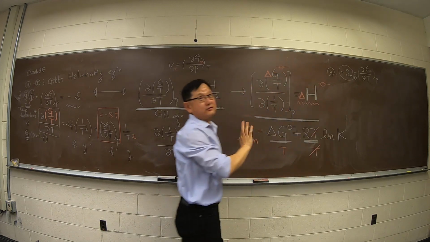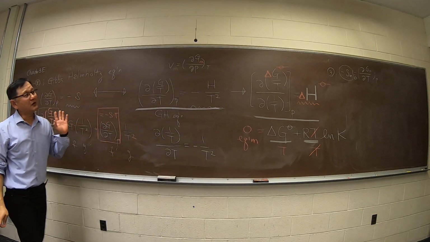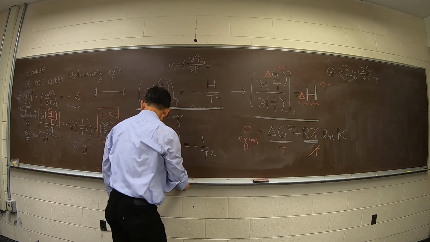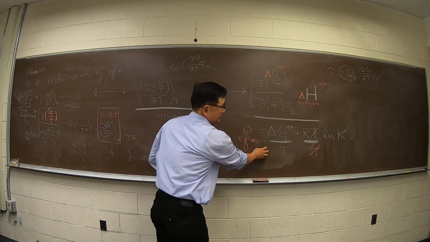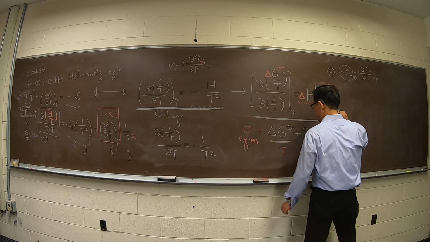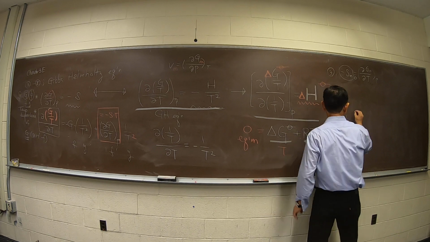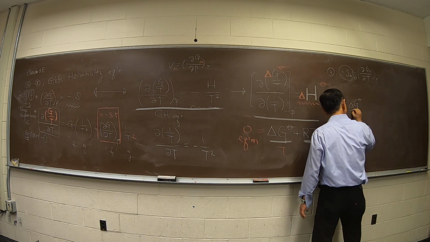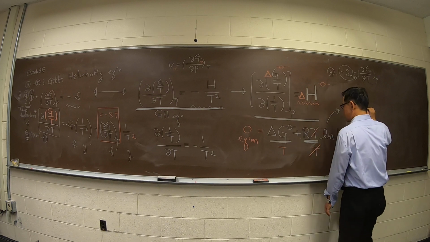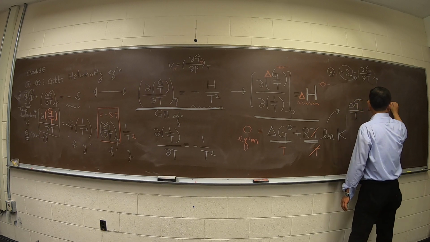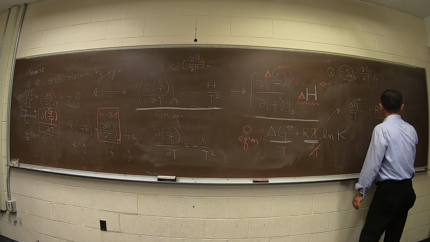This one is not discussed in this chapter, but I think we can push the idea ahead. So I'm going to rewrite this once more, saying that now I'm shifting my focus onto this. So delta G over T is minus R natural log of the equilibrium constant.